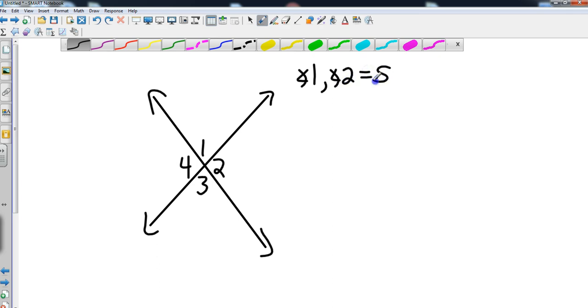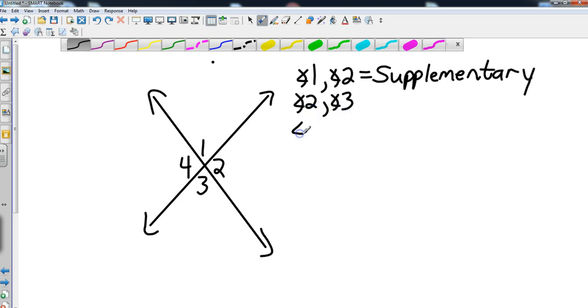Those are supplementary. We could also add angle 2 and angle 3 to that list. We could also add angle 3 and angle 4 to that list. And we could also add angle 4 and angle 1 to that list. All of those sets of angles are supplementary.